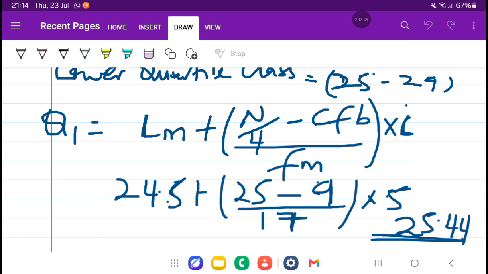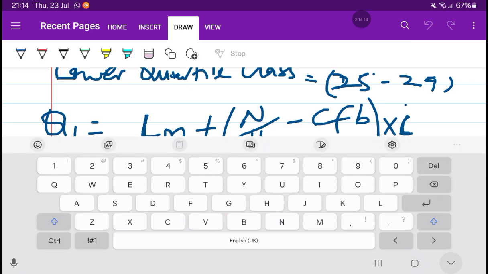So for the median class, we always get n over 2, that is 50% times 100, which gives you 50. 50 is just a position, so we need to locate the class. So we go to the cumulative frequency table, then we look for 50. 50 is not there, but we have 65.